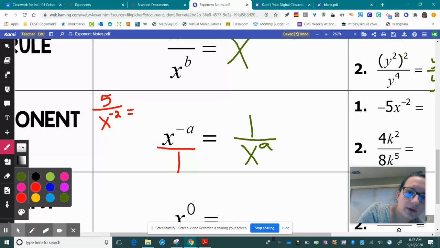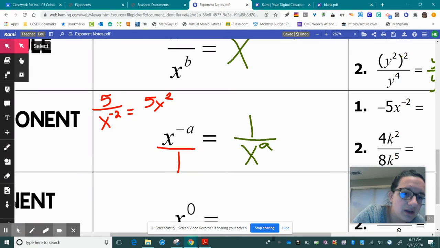For this one, we would just have 5x squared. I mean, we could put the 1. Do we need the 1? No. So it just moves to the other side. It's unhappy where it lives. Move it, it's happy. It's a positive now. It's more of a trick, not really a rule.